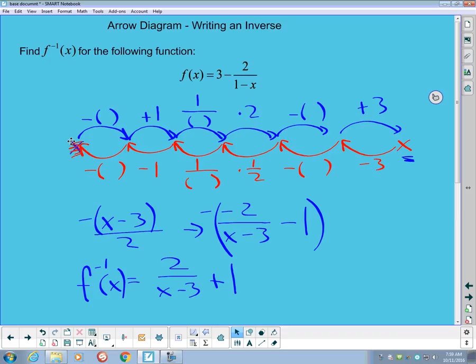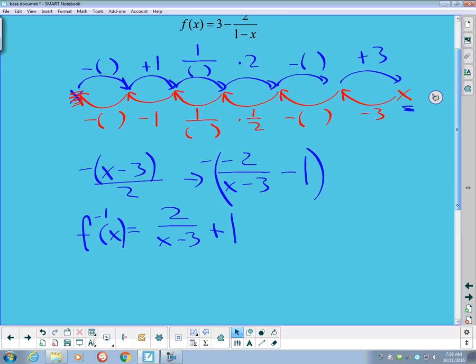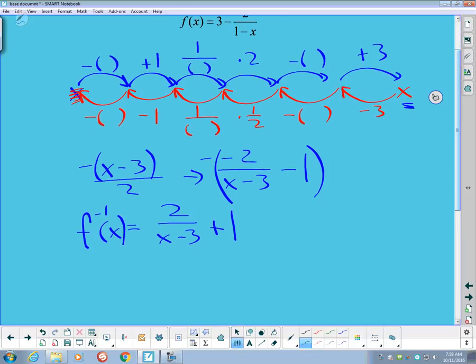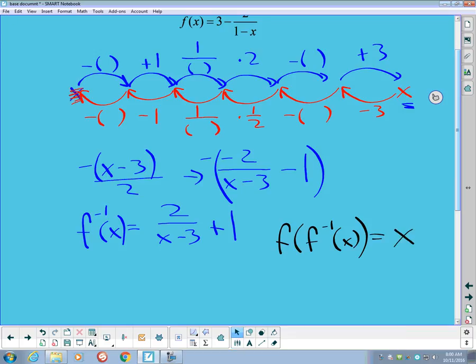Normally at this point, in a traditional approach, you would say, well, compose f of x with f inverse of x to prove that you've actually found it. So if we wanted to do f of f inverse of x to show that that comes out to just be x, the arrow diagram does that.